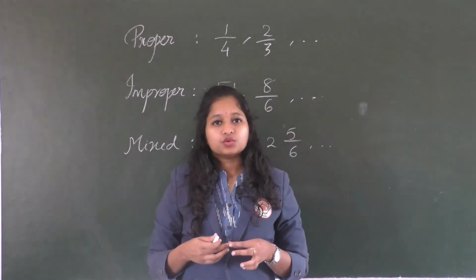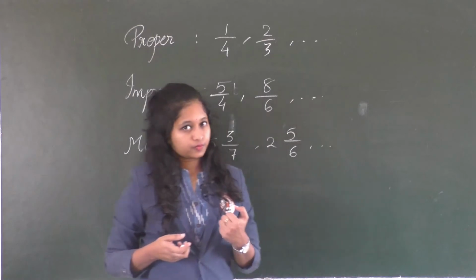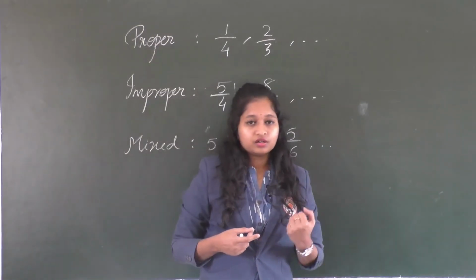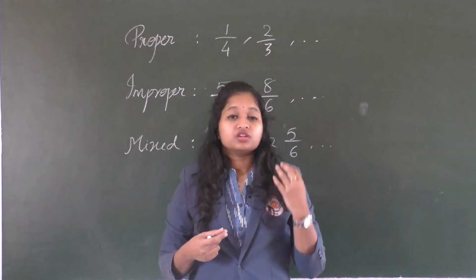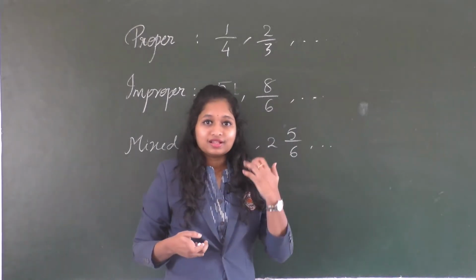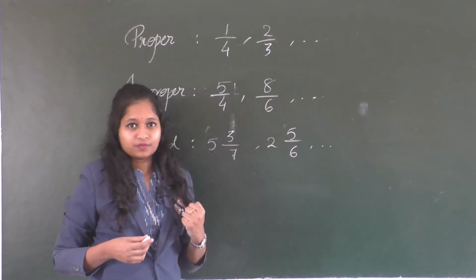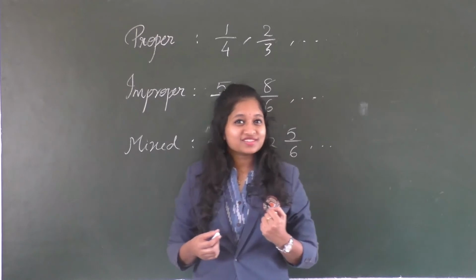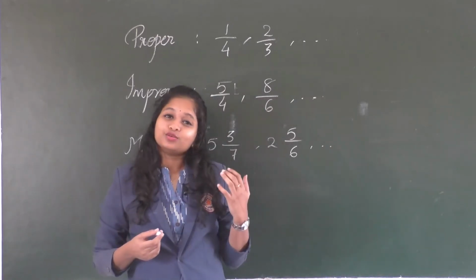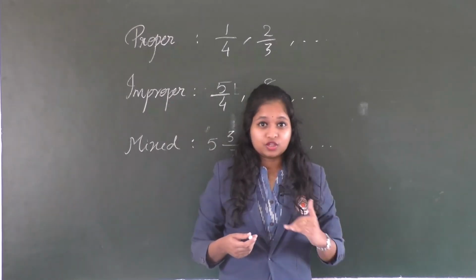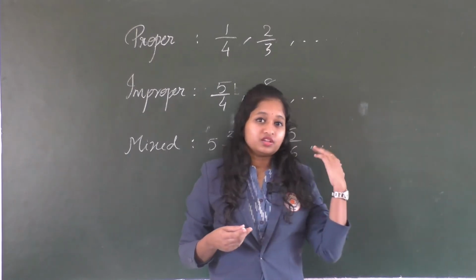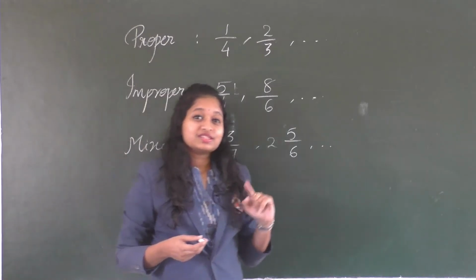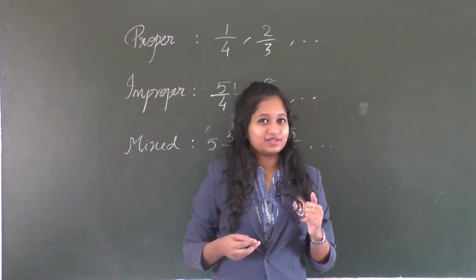Okay. So what is a proper fraction? Proper fractions are those in which the numerators are less than the denominators. Have you seen your answer sheets in which teachers give you marks? Yes. So we can find the denominator is either equal to the numerator or the denominator is greater than the numerator, isn't it?